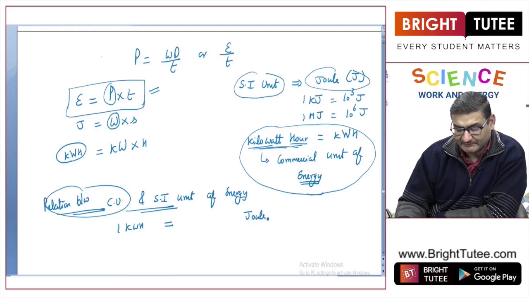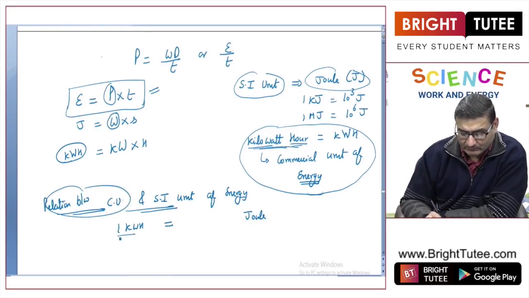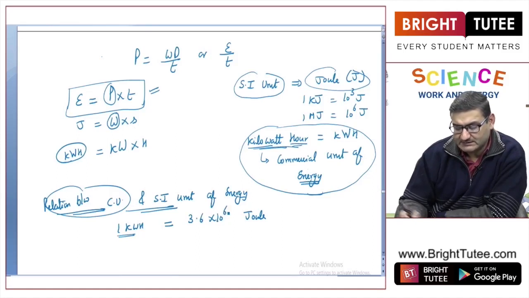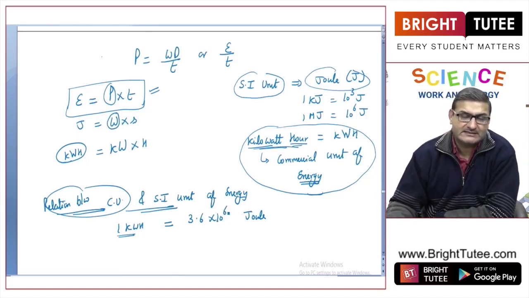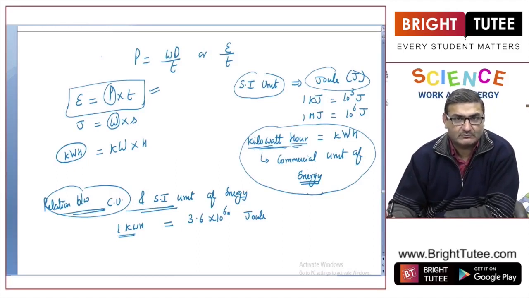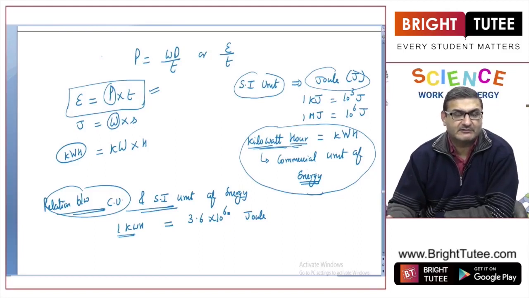The relation is that 1 kilowatt hour is equal to 3.6 into 10 to the power 6 joule. Now this is a one marker question: what is the SI unit of energy, what is the commercial unit of energy, or what is the relation between SI unit and commercial unit of energy.